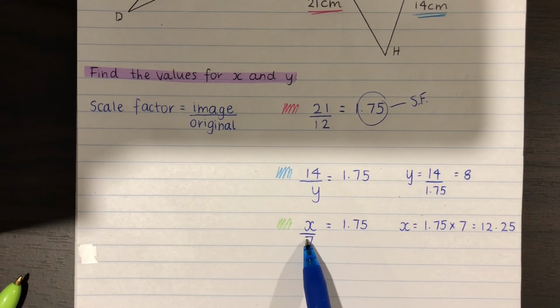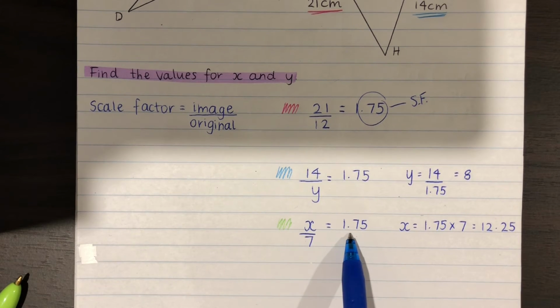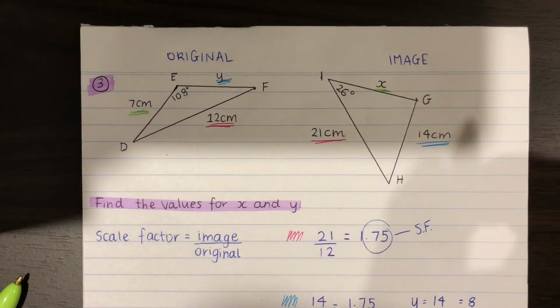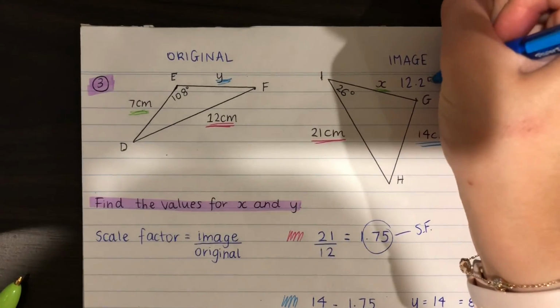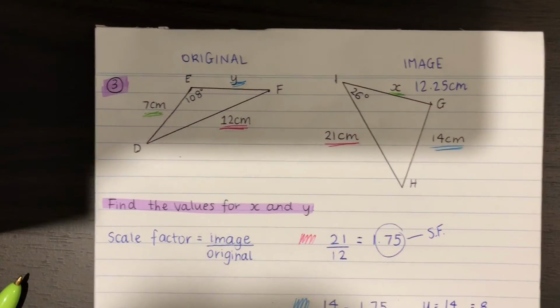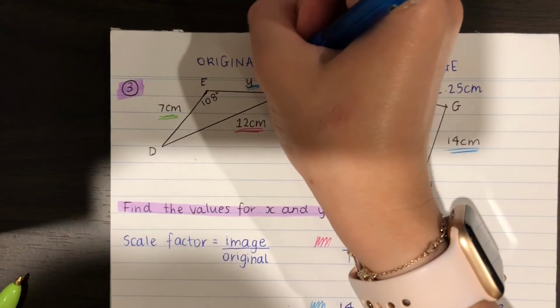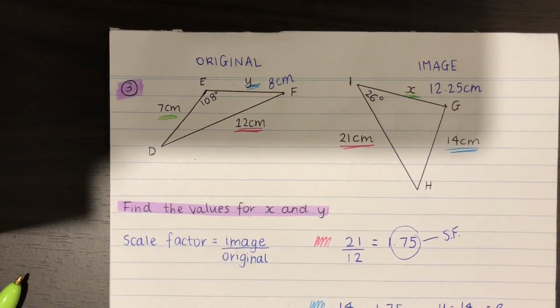And if your unknown is at the top of the fraction, whether you want to see this as a numerator, you just multiply whatever's down the bottom or the denominator by whatever the answer is. So then you can say that X equals 12.25 centimeters, and Y equals 8 centimeters.